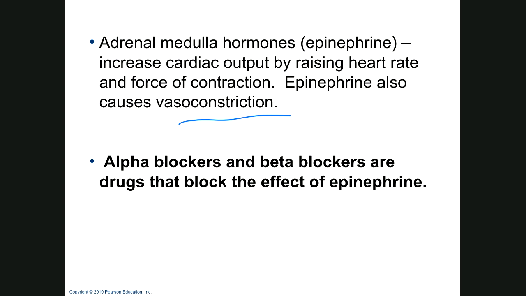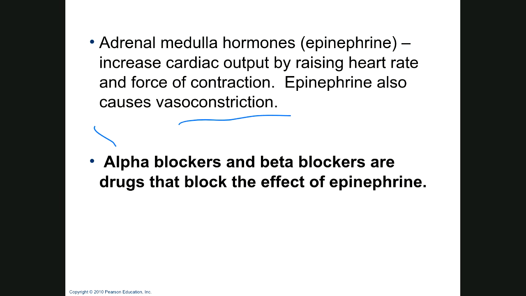Now, alpha receptors are very common in the actual vessels. I'm sorry, so an epinephrine receptor is in the vessels. So if you give an alpha blocker, epinephrine can't bind to those receptors, and you get vasodilation.